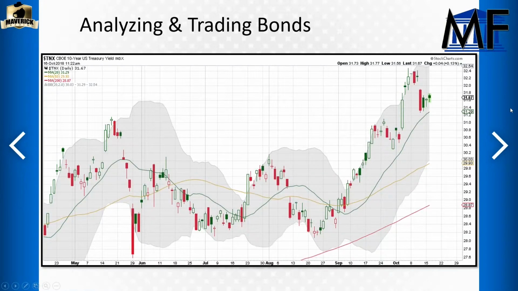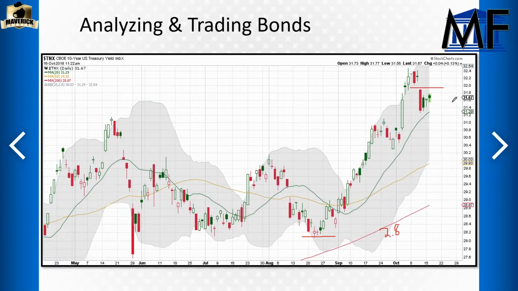Here's TNX. Now this is just showing the yield. So remember, when you pull up these yield charts, they're going to show what the yield is doing, and it's going higher. Now you can put this into perspective in terms of rates. If it's at around 28, that's about 2.8%.